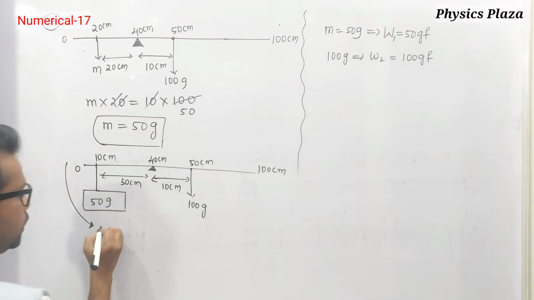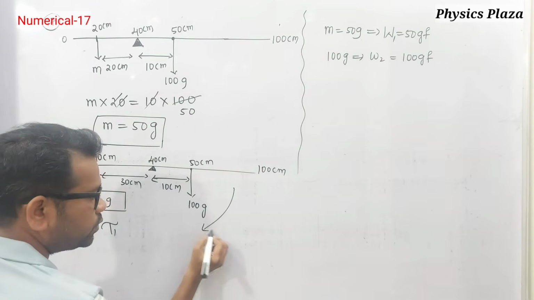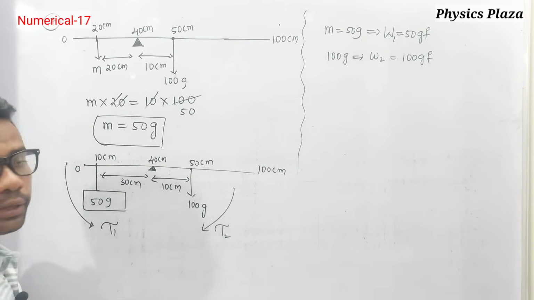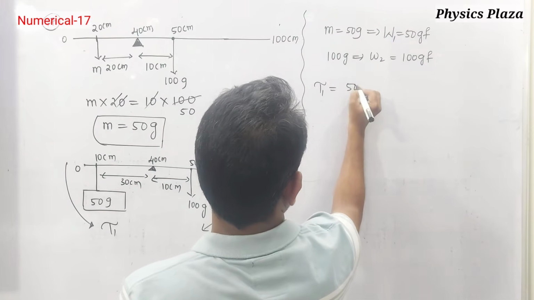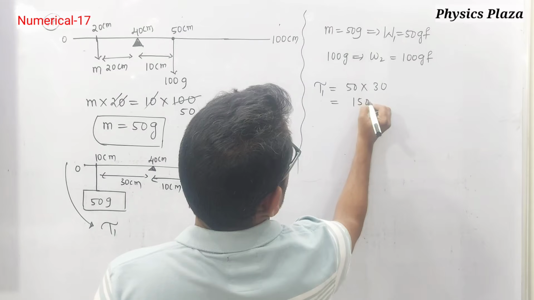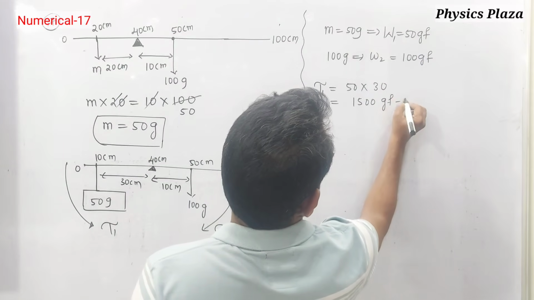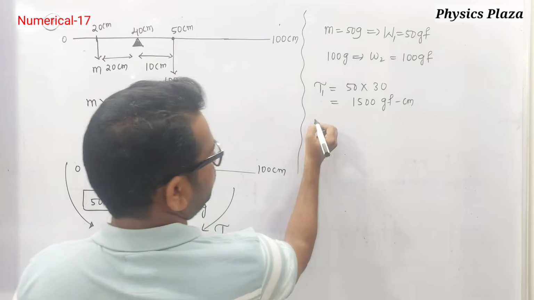Now let us calculate tau 1. This is anti-clockwise movement. So tau 1 is 50 into 30, which is 1500 gram force centimeters, in the anti-clockwise direction. So it is positive only.